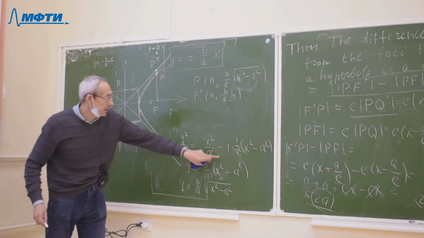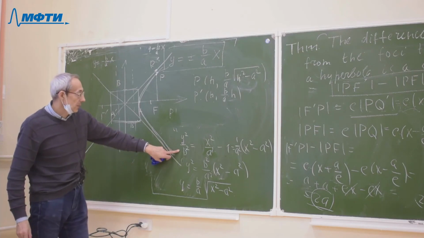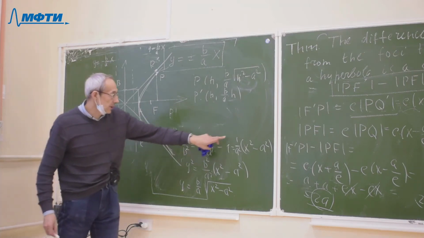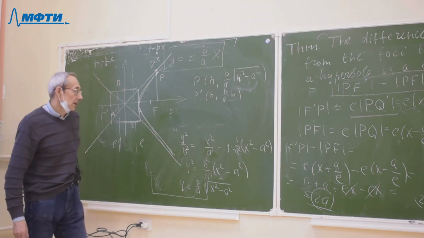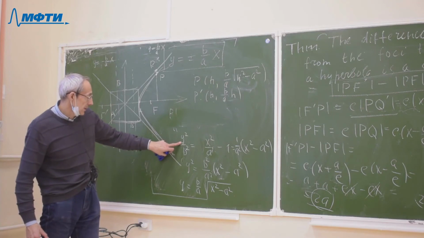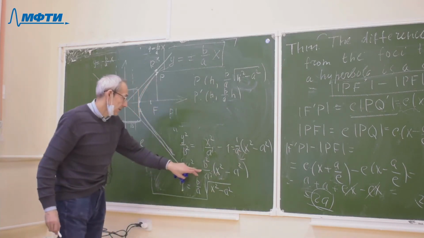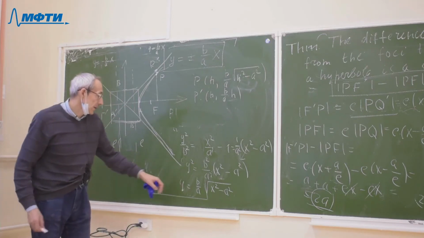I rewrite this expression in this form after multiplying the left and right sides by b square and applying the square root operation.